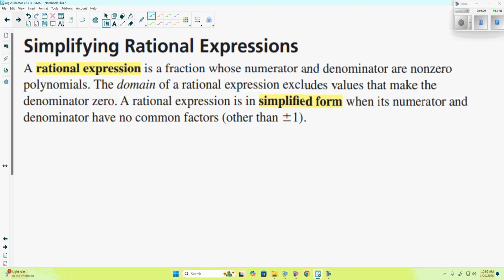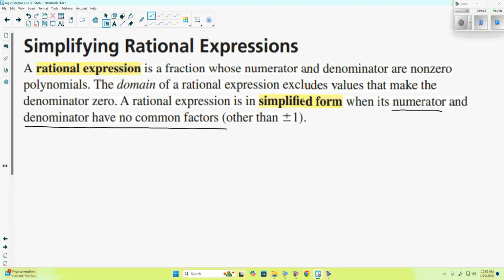rational expressions. Now, with rational expressions, we can say a rational expression is in simplest form when its numerator and denominator have no common factors other than positive or negative 1. There is nothing in common on top and bottom that can be simplified or reduced out.